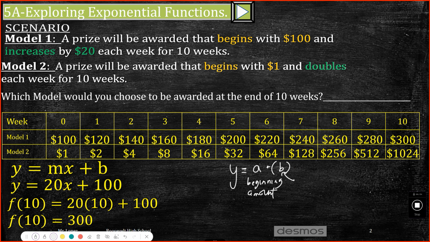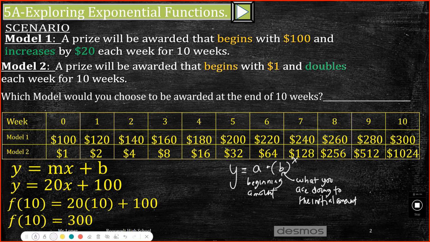If it's greater than 1, it will be a growth factor. To the power of x, x is that many times.